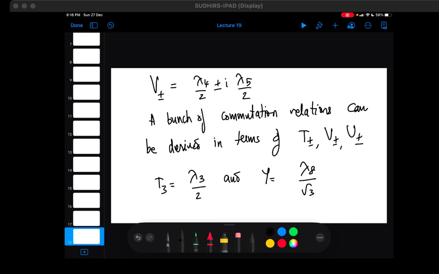That means there is no similarity transformation which takes the representations of the generators to the complex conjugate of those generators. So the representations of the complex conjugate of the generators are not the same as the representations of the original generators.